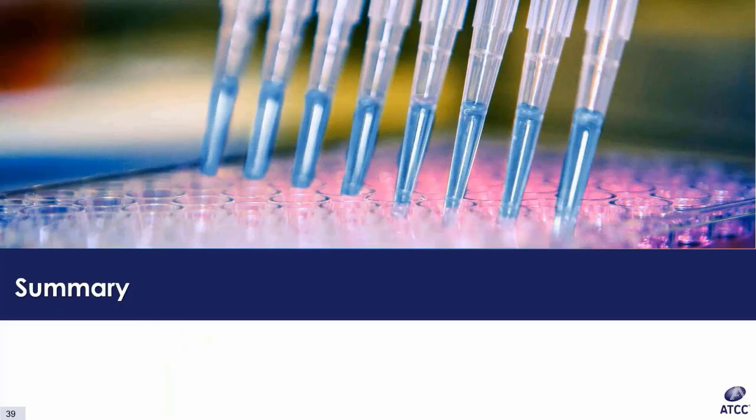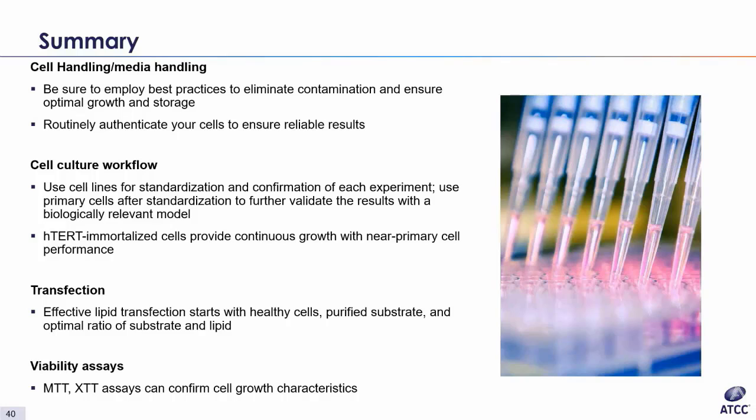And so now we're reaching the end, and this is just one last summary on everything that we've talked about. Remember to use best practices to eliminate contamination while ensuring optimal growth and storage. In your cell culture workflow, choose the best model for your needs. Cell lines for standardization and primary cells as optimal controls that maintain biological relevance.